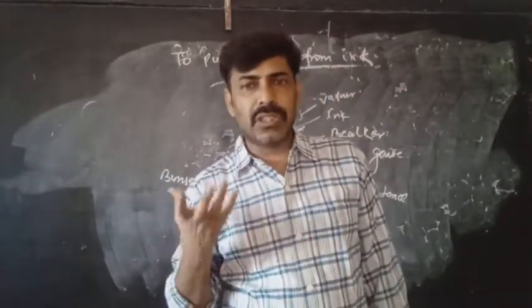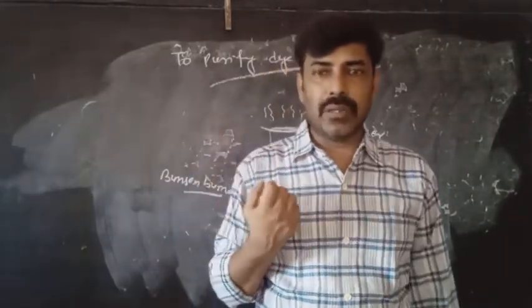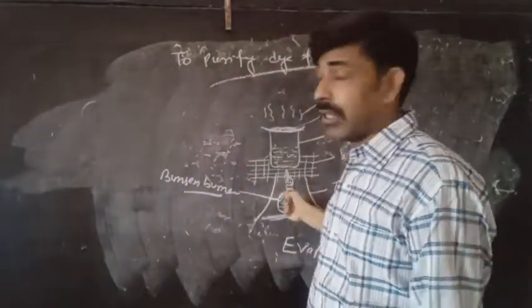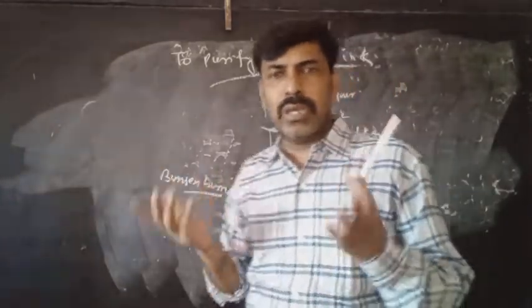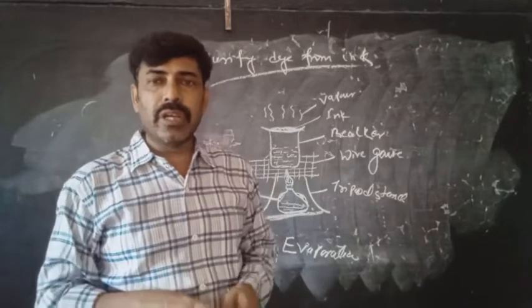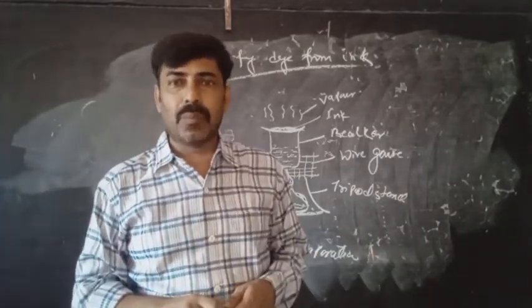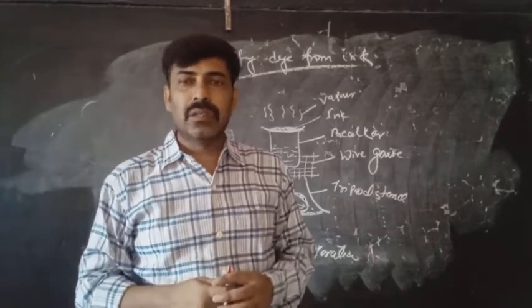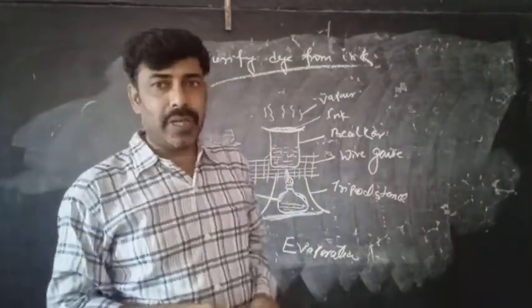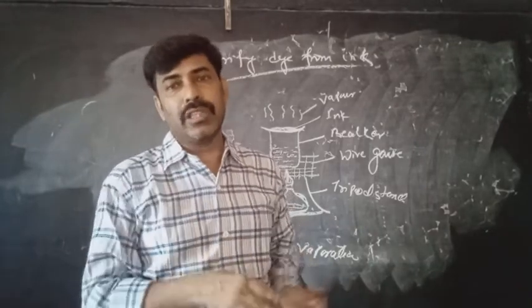Because this process needs a little more energy than is needed for direct heating of the material. Because here the water will be heated first, and then heat will pass from the water, so surely more heat and more energy are needed. Then why are we not heating directly? Why are we heating through the system that is called the water bath? Actually, the material has a low boiling and melting point, and if you heat directly, the excess heat will reach there.